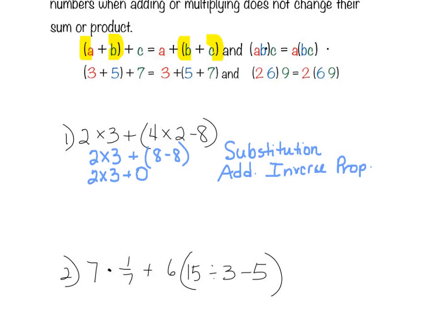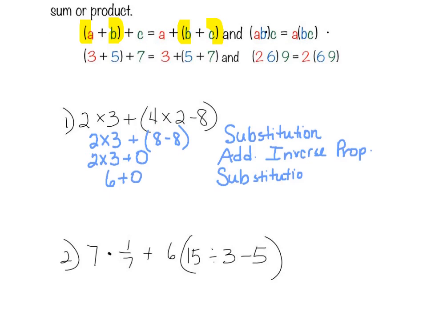All right, so when we're done there, the next thing we'll do is multiply. So 2 times 3 is 6, and bring down the plus 0. And this property is substitution. Because I know that 2 times 3 is equal to 6, I can substitute 6 for 2 times 3.